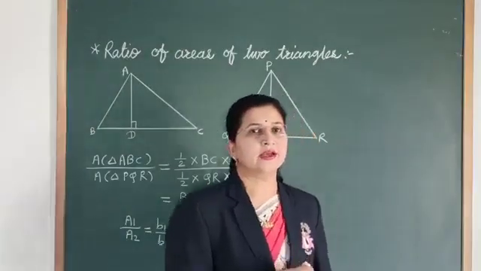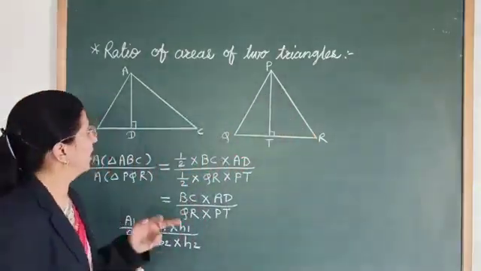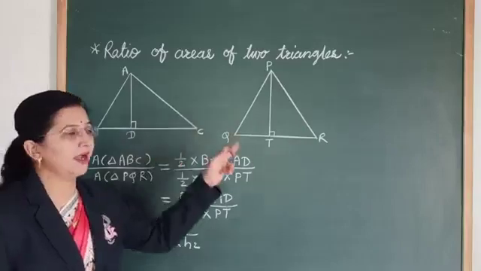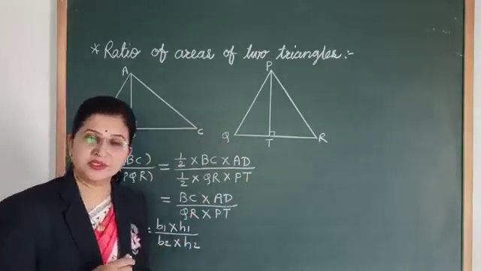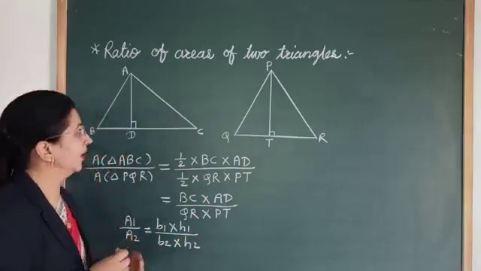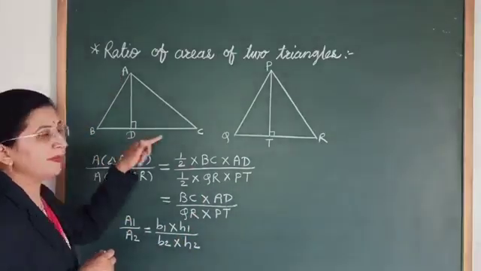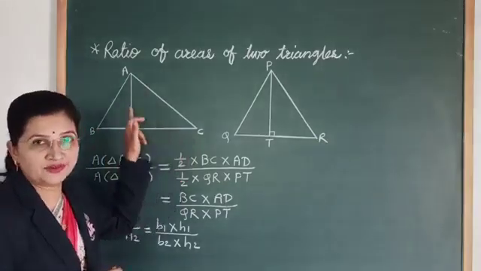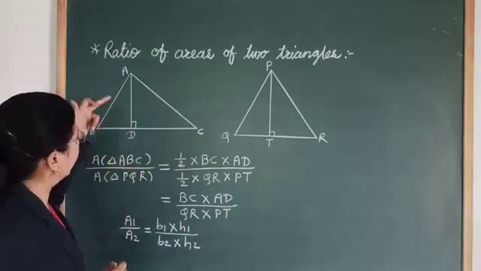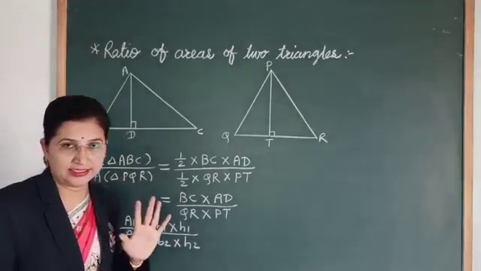Dear students, here we have two triangles, triangle ABC and triangle PQR. Now let's write down the ratio of areas of these two triangles. Okay, now here for the first triangle ABC, BC is the base of this triangle ABC and AD is its height.